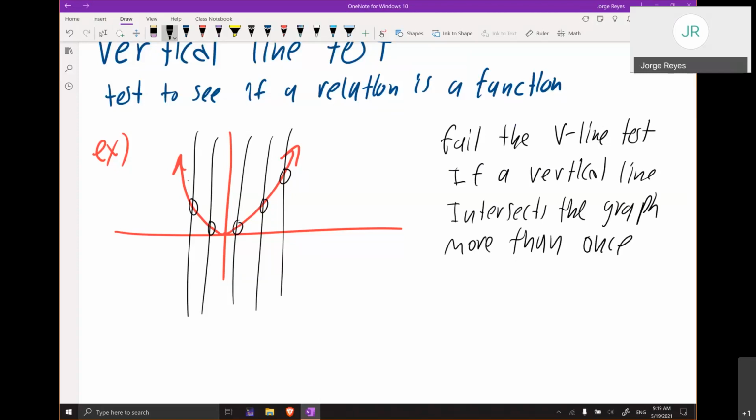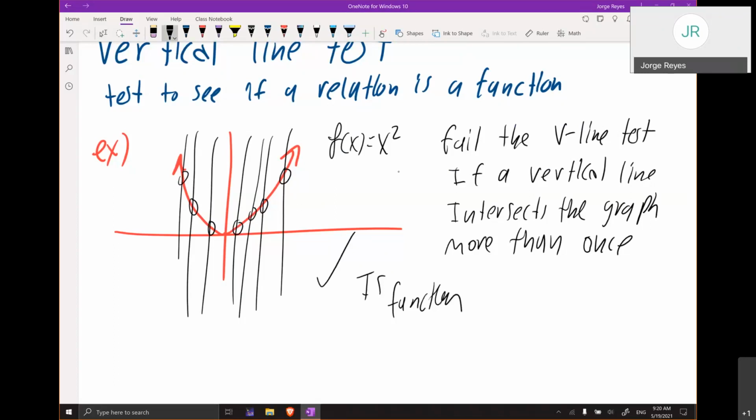So if we look here, no matter where I draw a vertical line, they're never going to cross more than once. I'm only going to cross once. So x squared is a function. This is good.